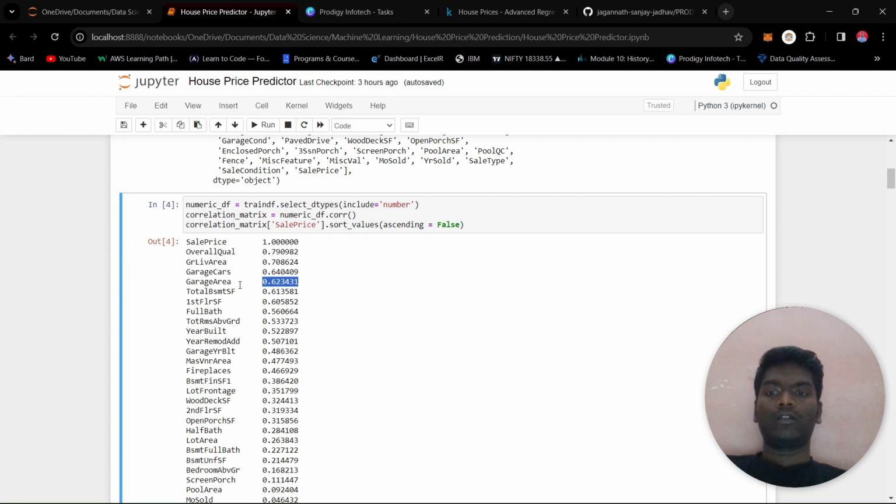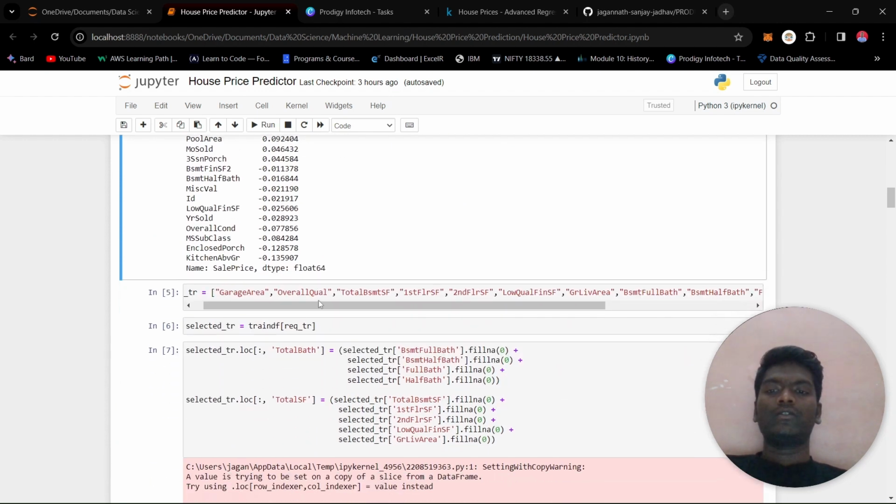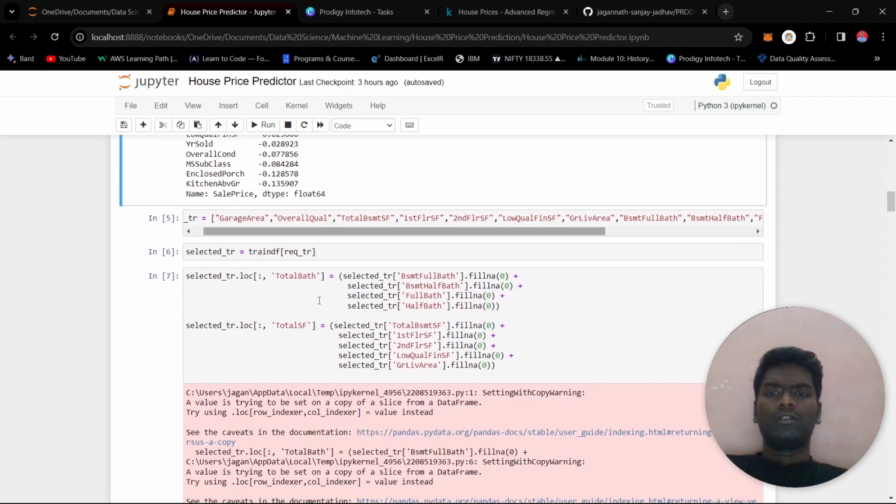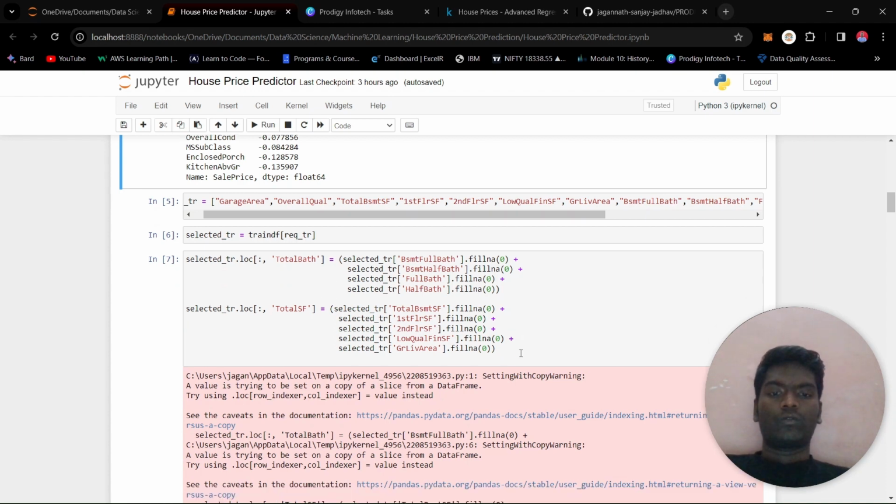I was also a bit confused about whether I should add it to the square footage or not, because sometimes garages are counted inside the property, and sometimes they are not part of the property. Not all real estate has a garage inside it. So it depends, and that's why I kept the garage area column aside from the total square footage.